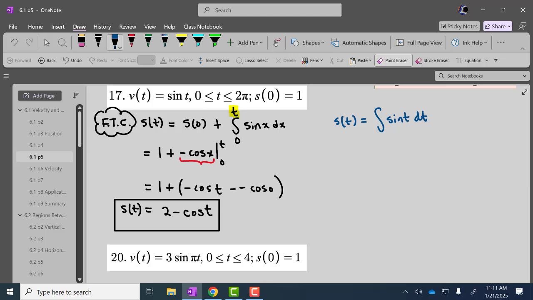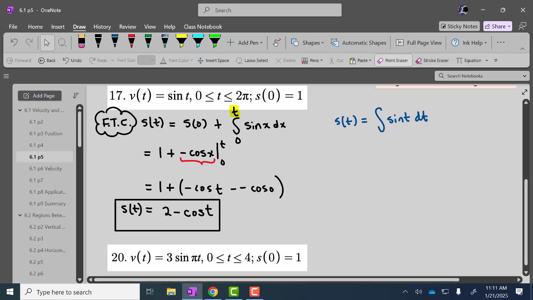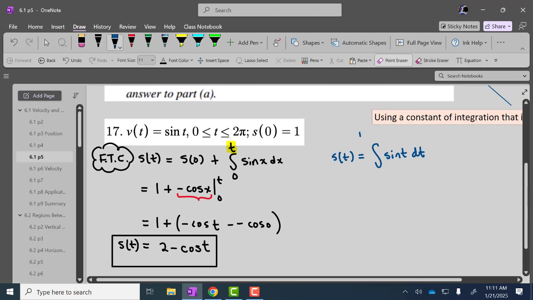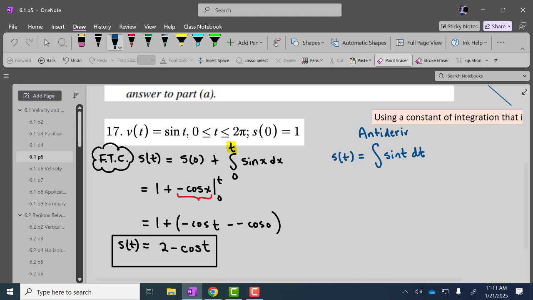You wouldn't have limits of integration, and you'd break it into multiple steps. So this is called the antiderivative method, and it works fine. This is going to be more intuitive to you.